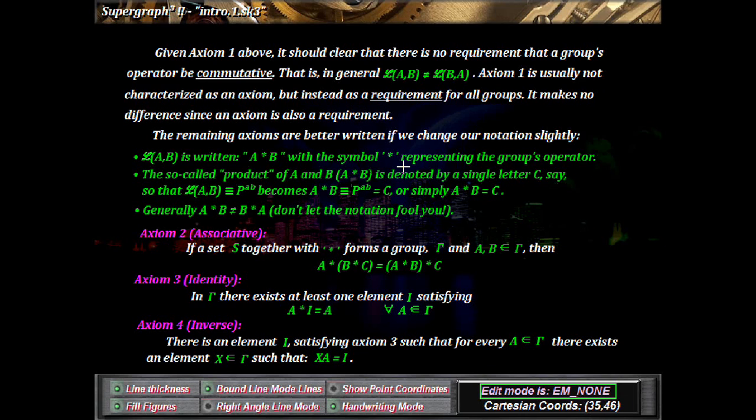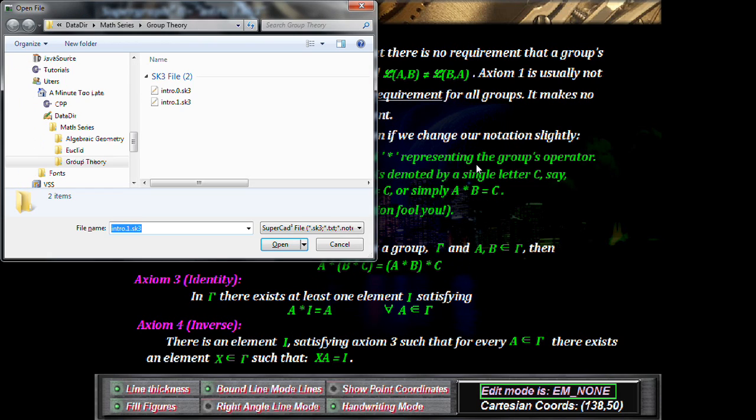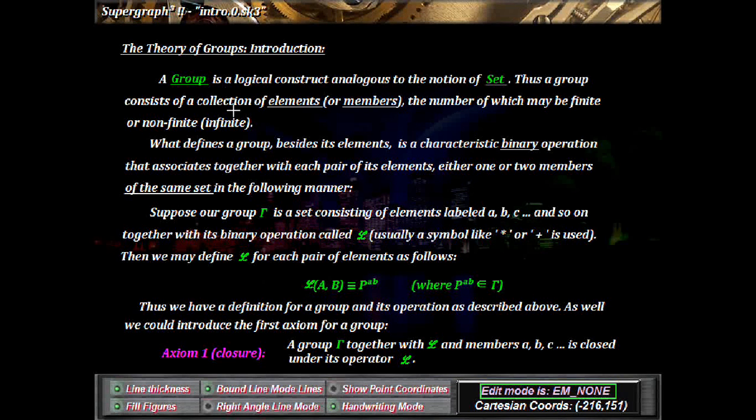And the product is usually not given a letter like the one I had, PAB, which is completely unambiguous. You can see that this symbol, if I interchange the letters, I get a different symbol, so that implies that they're not necessarily the same.